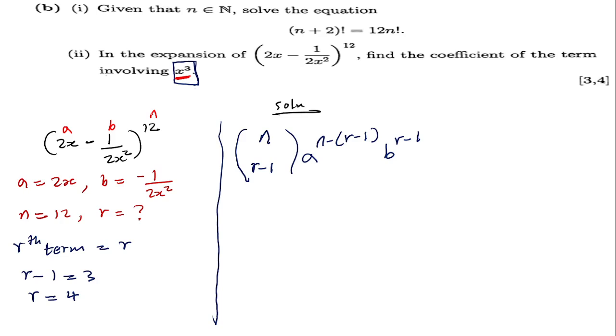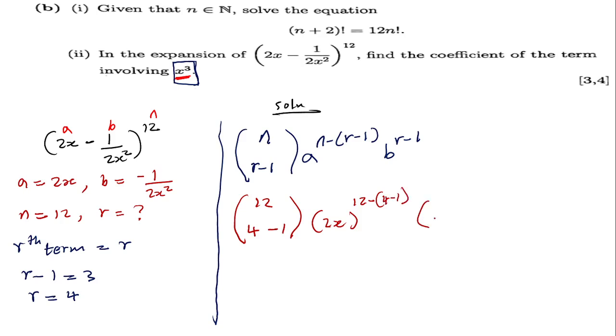So from there, n is 12, r is 4, so you have 4 minus 1 in brackets there. You have your a, which is 2x, then you're going to say n, which is 12 minus r, which is 4 minus 1.